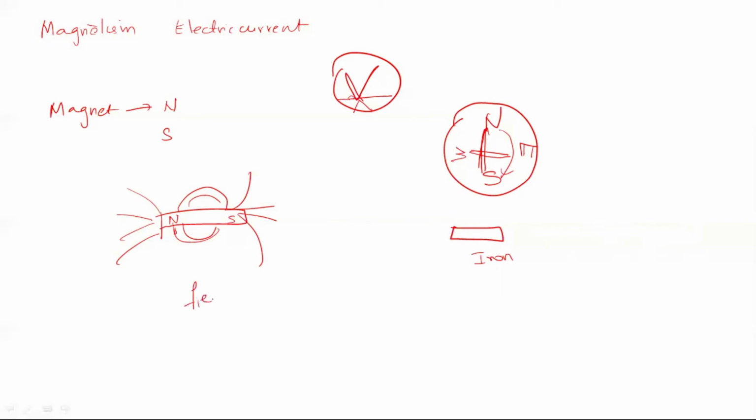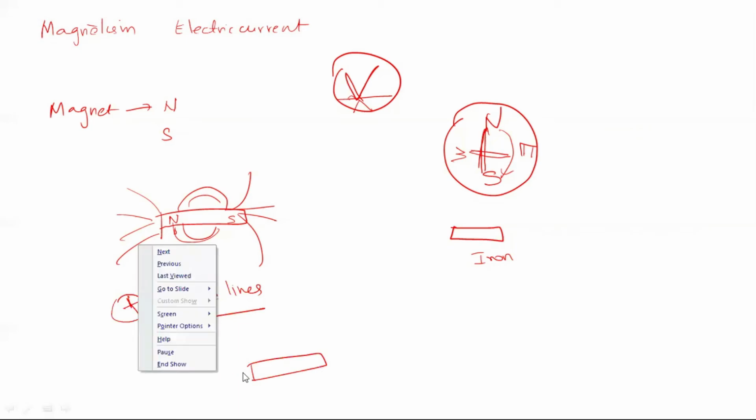You see the drawing of a magnetic field with the help of a compass needle. You keep the compass needle near the north pole and it will deflect towards the south pole, north to south. If you go on plotting the compass needle along the bar magnet from north to south, you will get lines like this.